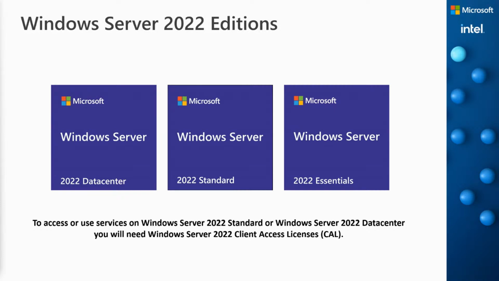A newer client access license version also allows us to access previous Windows Server versions, but an older client access license version does not allow us to access later Windows Server versions. It's important to have the latest version of the client access licenses.